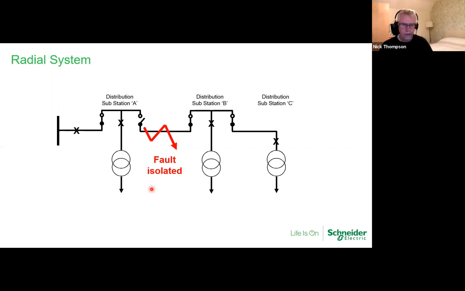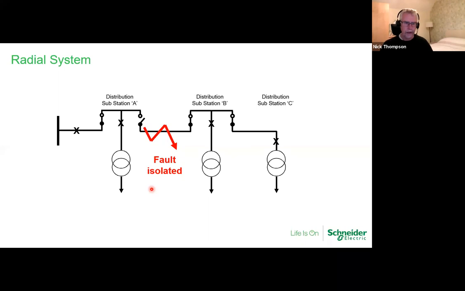So there are going to be post-fault checks that need to be done before re-energizing the system. And then the cable could be repaired at the appropriate time to get B and C back on supply.